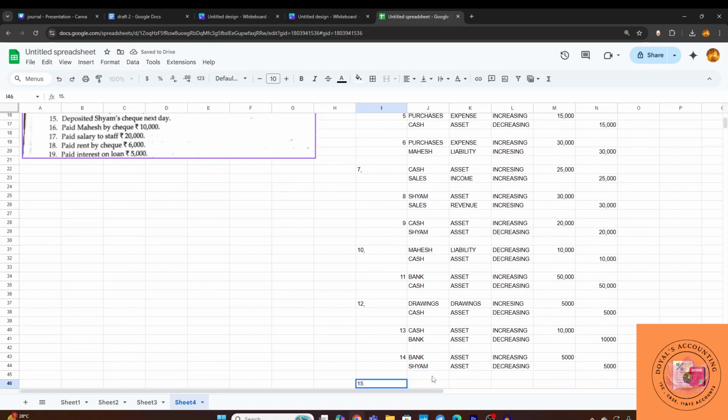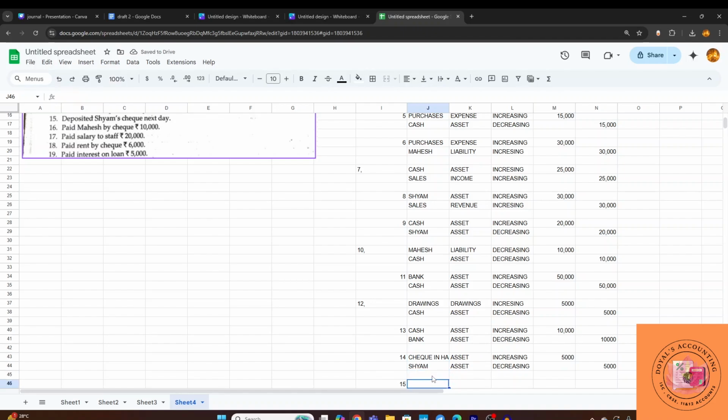Number 15. Deposited Sham's check the next day. Okay, so usually until we deposit the check in the bank, it will be classified as a check in hand. By nature, even check in hand is an asset.